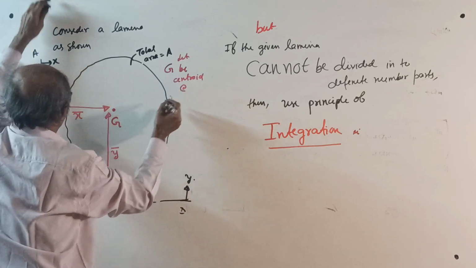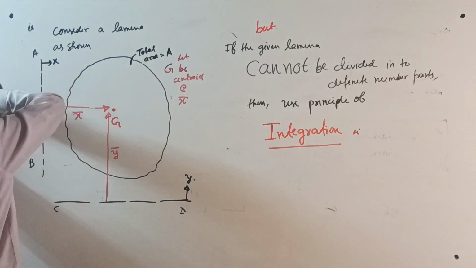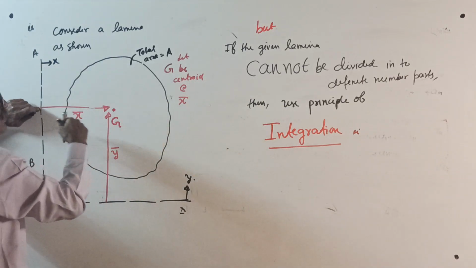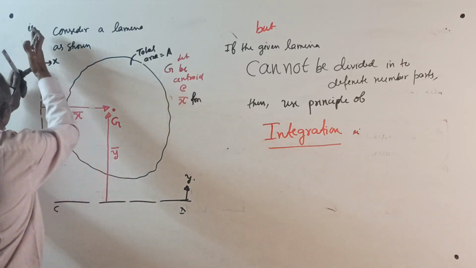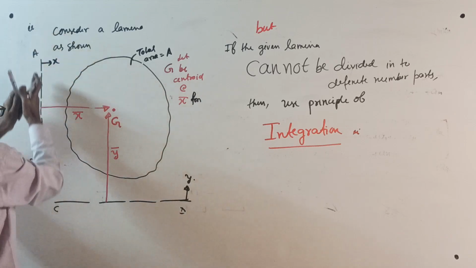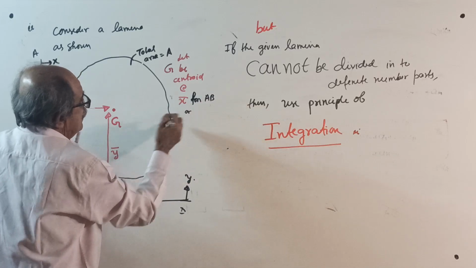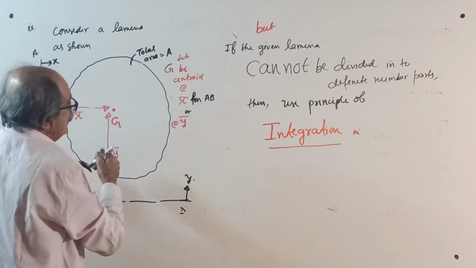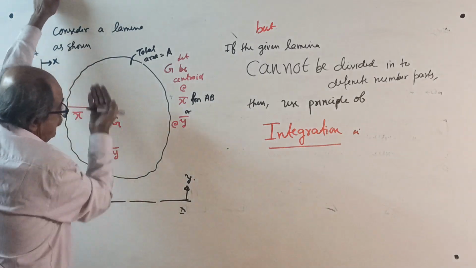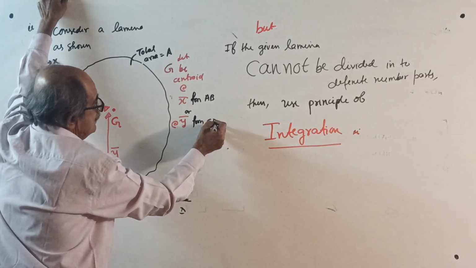At what distance? X bar, remember our x is like this. You can take X bar from a reference vertical line AB, and Y bar this way from a reference axis CD.